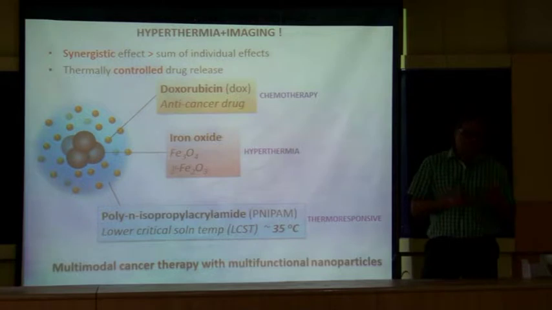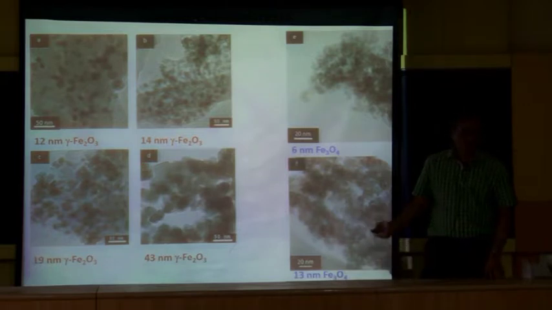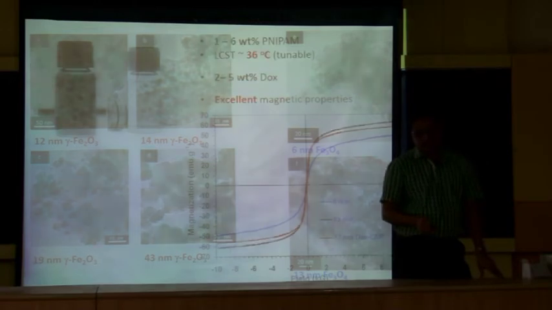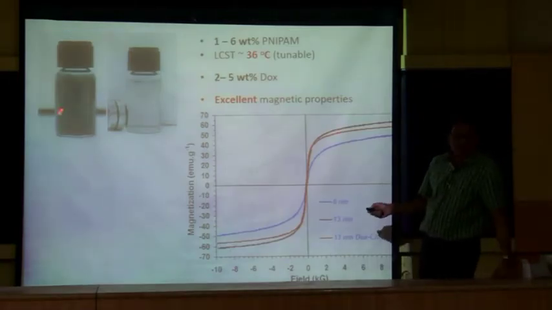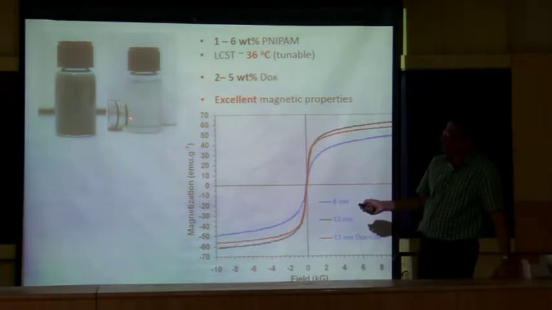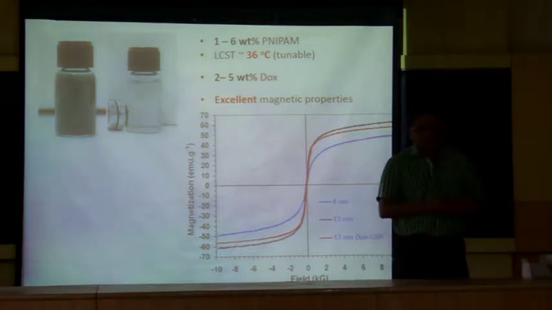So this is the logic of what we did, and we made the particles of different sizes. These are transmission electron microscope pictures, and here is the magnetic fluid. As you can see, it is magnetic. We just put a permanent magnet and all the magnetic particles get attracted to the magnet.